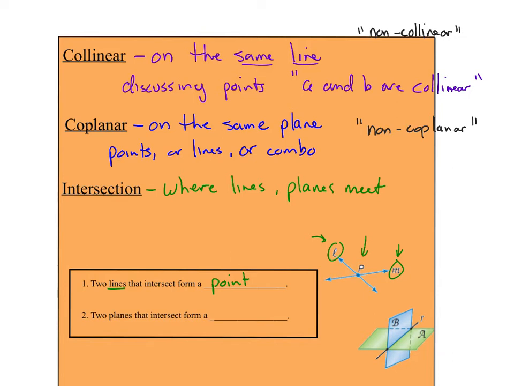So they intersect at a point. Two planes, and if you notice, you have the script, the cursive letters there. That's telling you that I've got plane A and plane B, and when they intersect, they actually form a line.